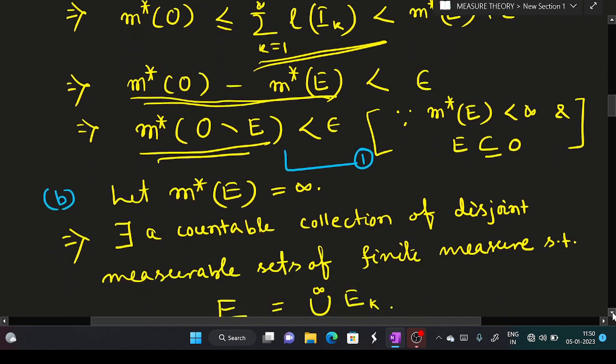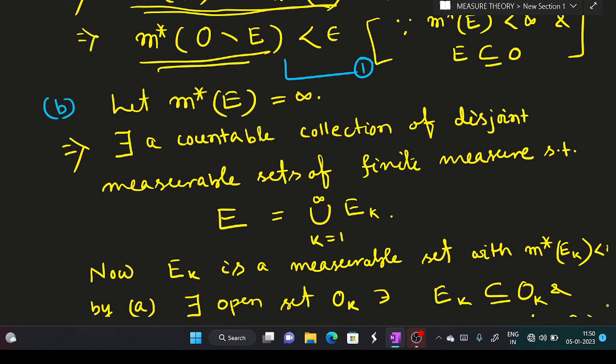Now, let us take the outer measure of E to be infinity. Again, we know that every measurable set, in fact every set of real numbers, can be expressed as a disjoint union of measurable sets of finite measure.